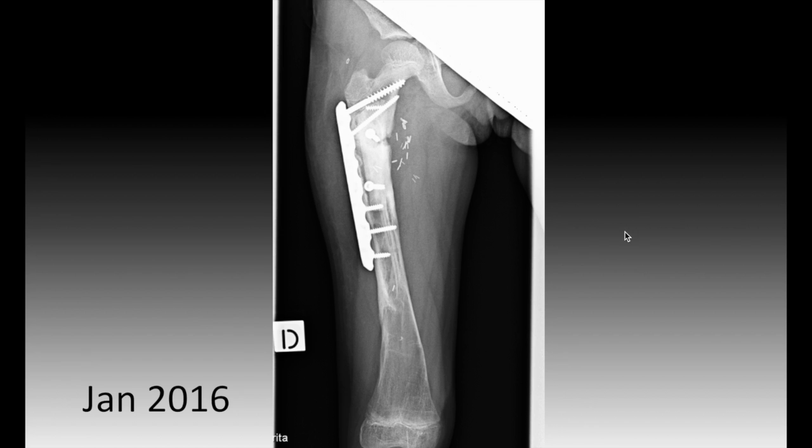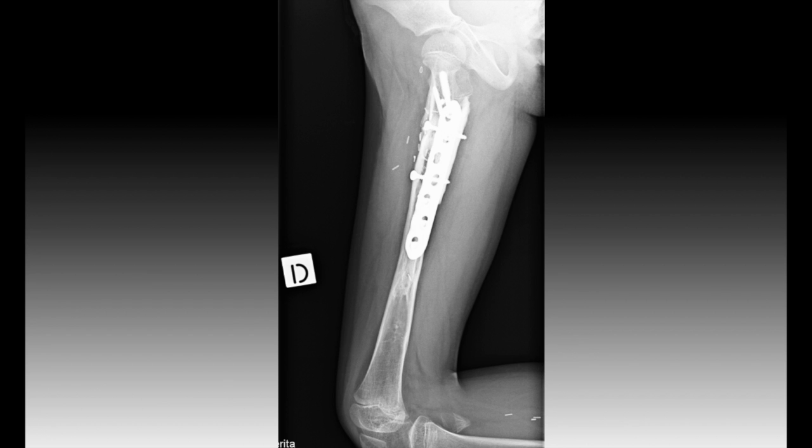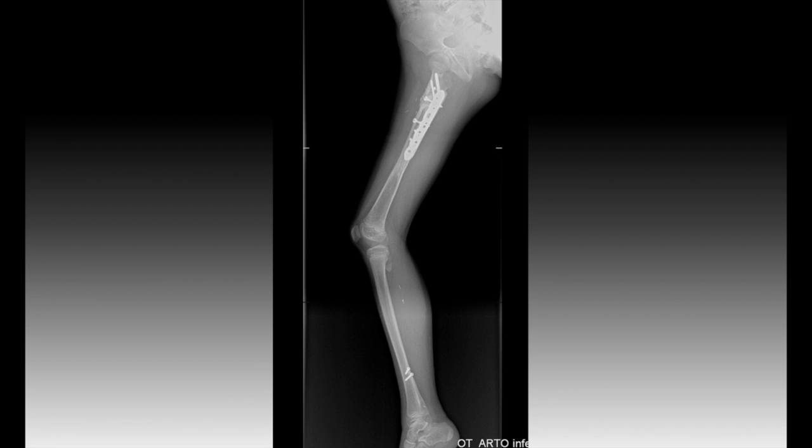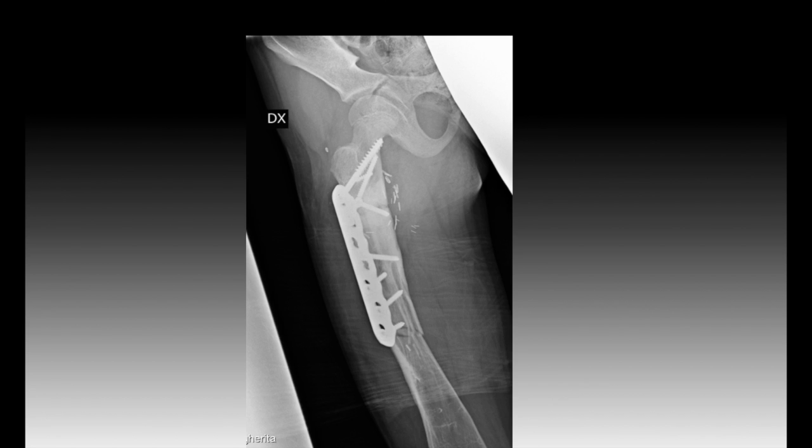And we made a mistake. We trusted this bone and put on a short plate. Unfortunately, this plate was too short, and we had a fracture here. We didn't know how to manage this fracture, because it is half dead bone, half alive bone.